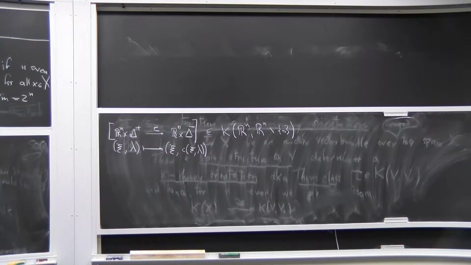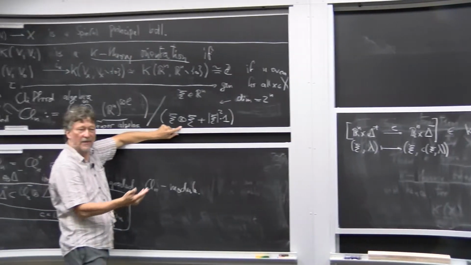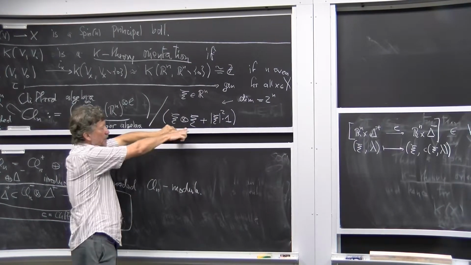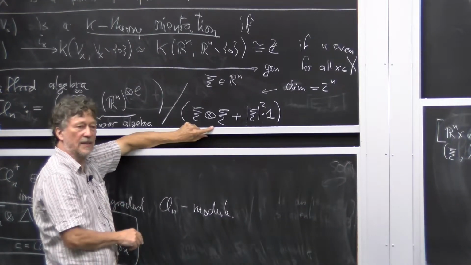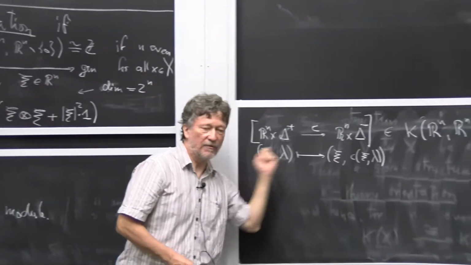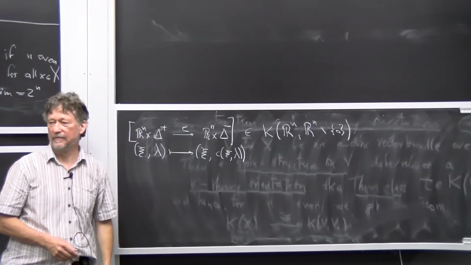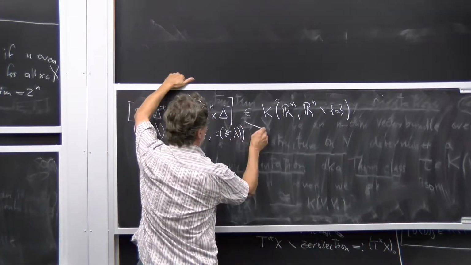Well, if you look at the relations, psi squared is equal to minus the norm of psi times 1. So if the norm of psi is non-zero, then psi divided by the norm squared of psi, or minus that, is the inverse of psi in the Clifford algebra. So I can just multiply by the inverse, and of course it's invertible. And then you can show this is a generator of this K-theory group.